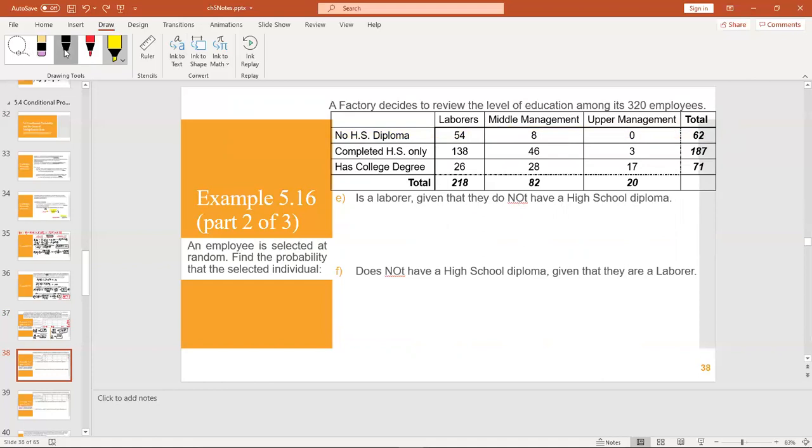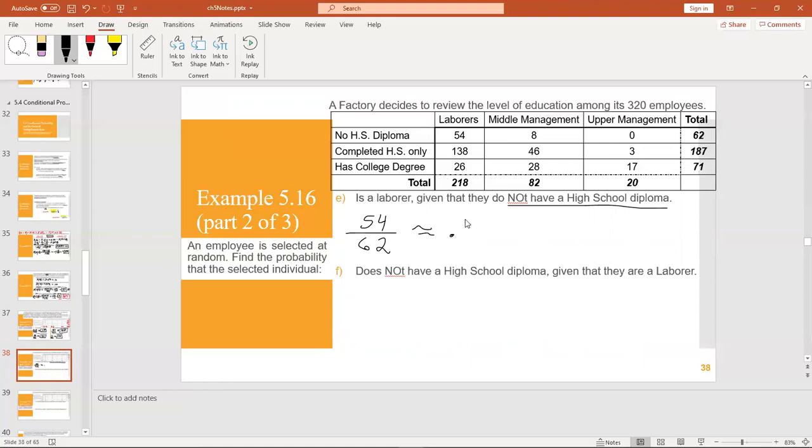Because we're limiting our view to only those who do not have a high school diploma, this probability is going to be 54 out of 62. And 54 divided by 62 is approximately 0.87.